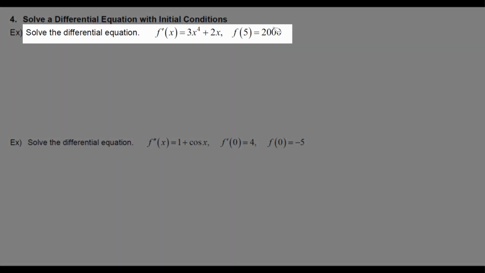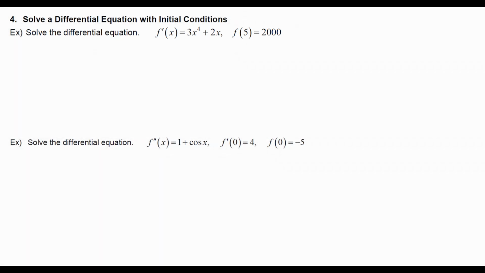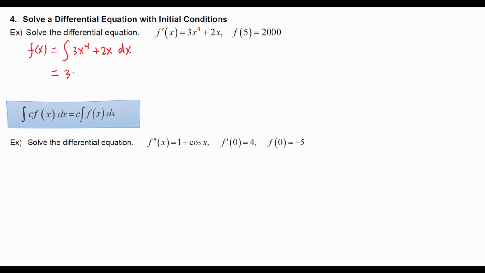Solve the differential equation. f prime of x equals 3x to the 4th power plus 2x. So I'm trying to solve for f of x. And to get f of x, I need to take the integral of 3x to the 4th power plus 2x dx. All right, now that we know we can take the integral of each, let's just take the integral of each without splitting them. So when I take the integral of 3x to the 4th power, 3 is a constant multiple, so it can be multiplied in the front.